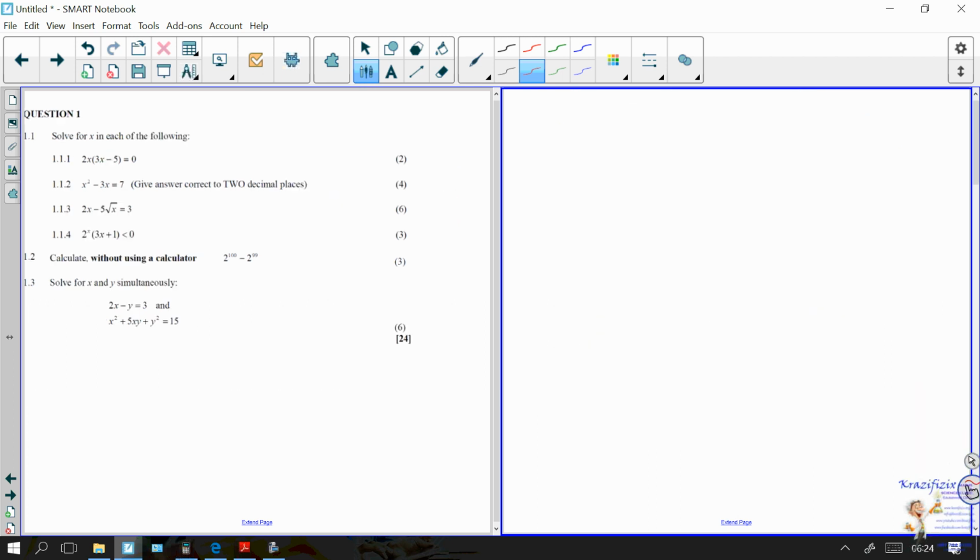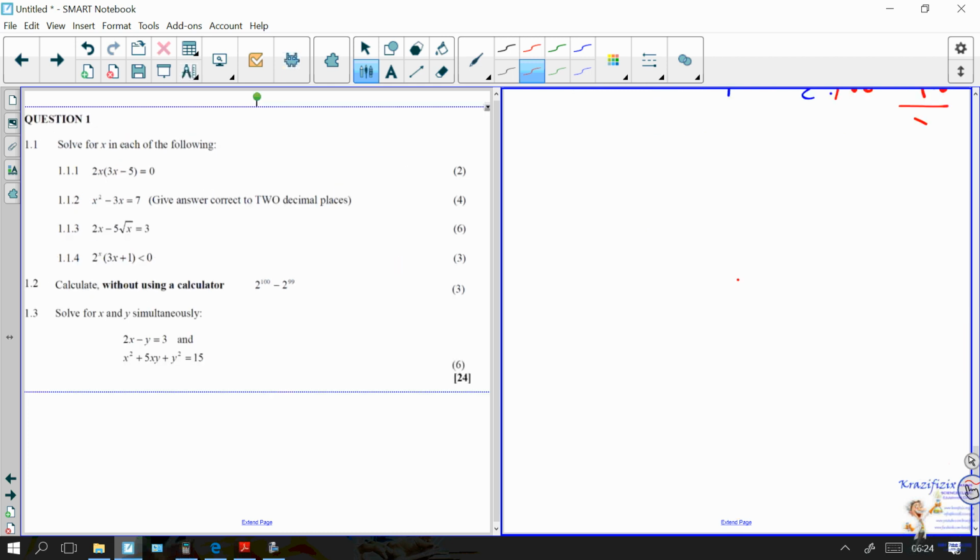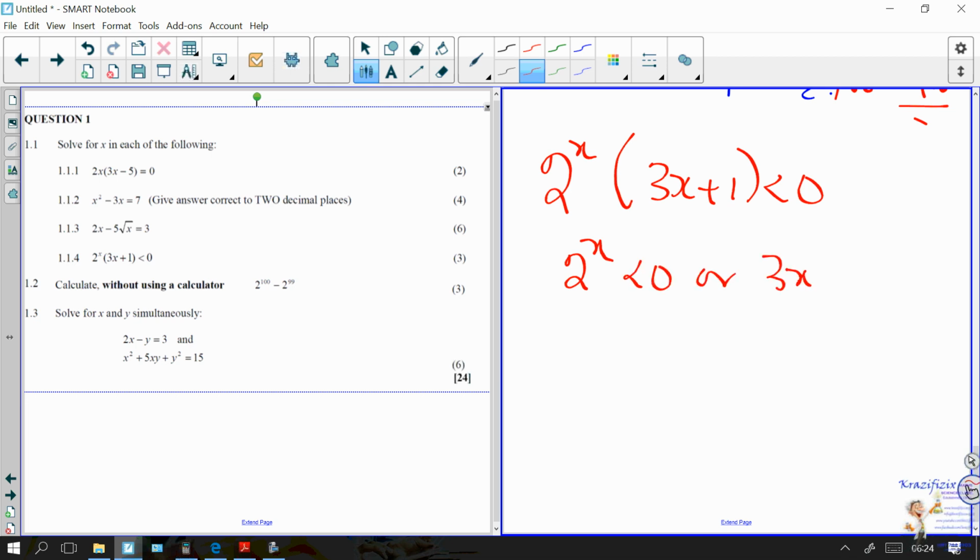All right. So those are facts that we must understand when it comes to mathematics. Next one says 2 to the power x, 3x plus 1 less than 0. Okay, what do we do here quickly? We can quickly just work and say it means 2 to the power x must be less than 0, or 3x plus 1 less than 0.